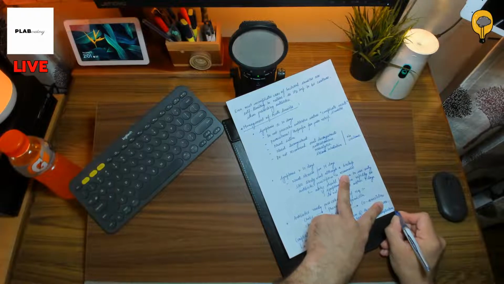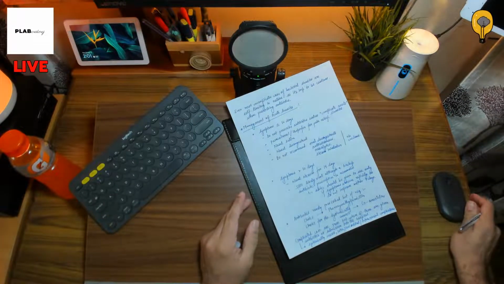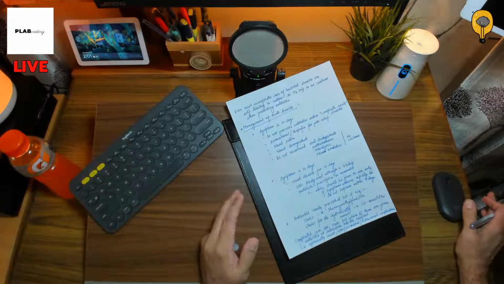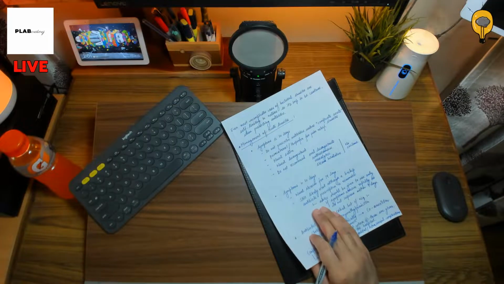And these complications can be like cellulitis, periorbital edema, displaced eyeball, double vision. There can be swelling over the frontal bone, variety of things.